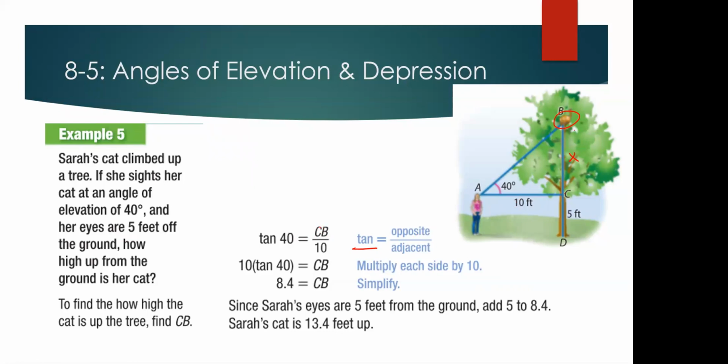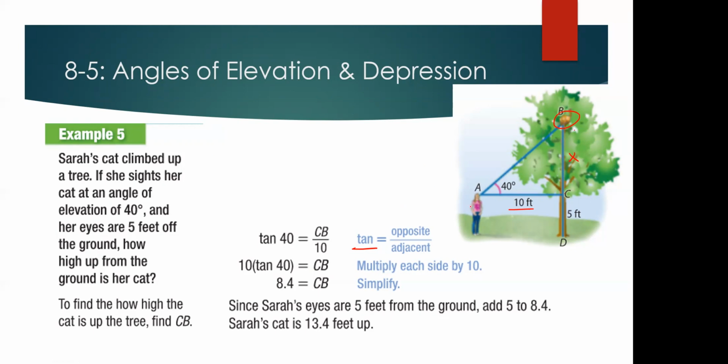They used CB, and the adjacent leg is 10 feet. To isolate CB, you would multiply both sides by 10, so you would have 10 times the tangent of 40. You put that in a scientific calculator, and you end up with 8.4.